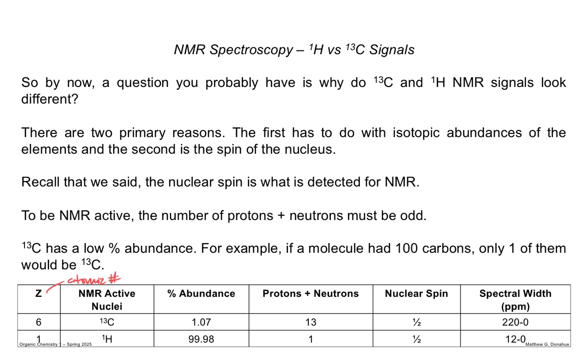Notice the number for each of them: C13, H1. That number must be odd. For the purposes of this class, when that's an odd number, the nucleus then has spin up or spin down.